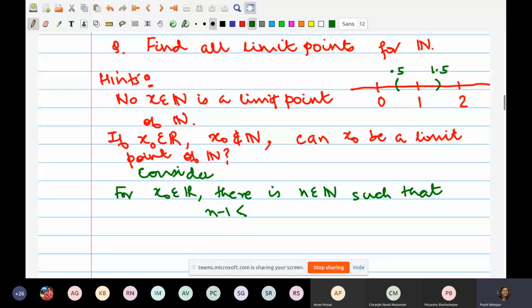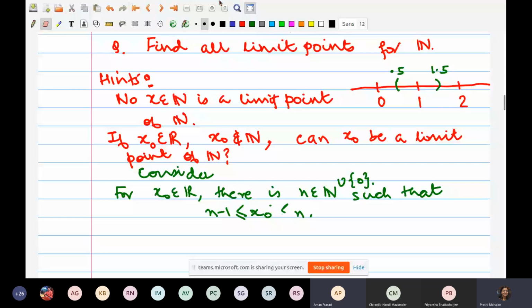You may possibly need to include the origin, 0, also. Is that what you want to say, Aman? There is a natural number, union possibly 0, such that x naught is bigger than or equal to n minus 1, but strictly less than n.